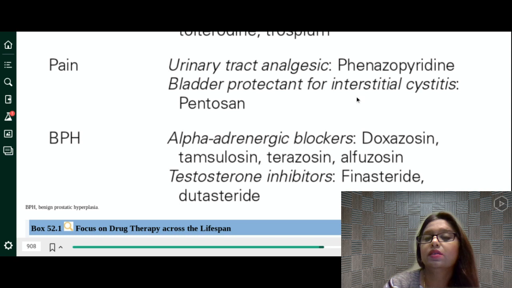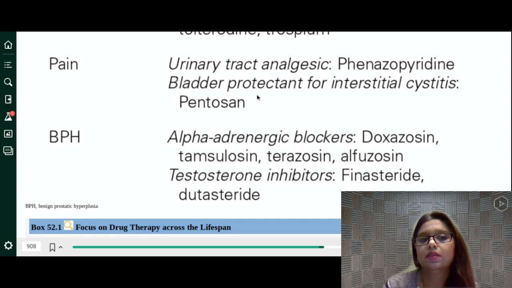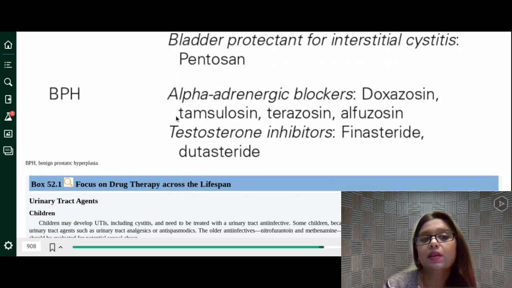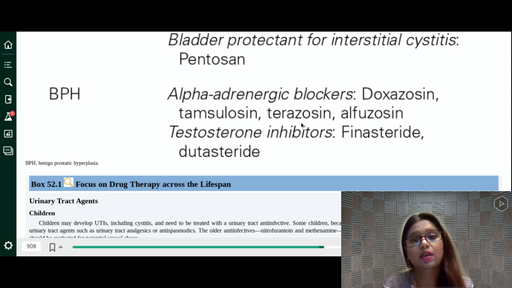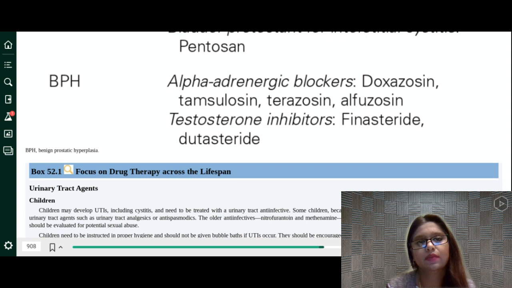Remember, it turns the urine orange, Pyridium, okay? But it also relieves the pain in the urinary tract. For benign hypertrophy of prostate, to reduce the size of the prostate, what are the medications we give? Doxazosin, tamsulosin, terazosin, alfuzosin, and testosterone inhibitors are finasteride and dutasteride. All right?